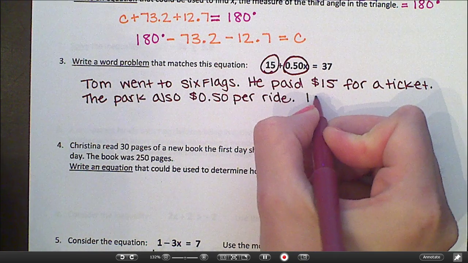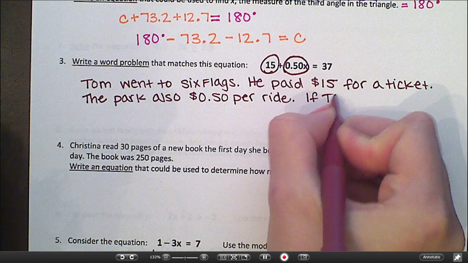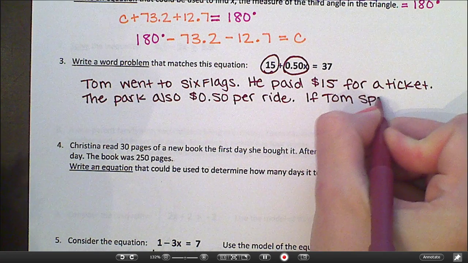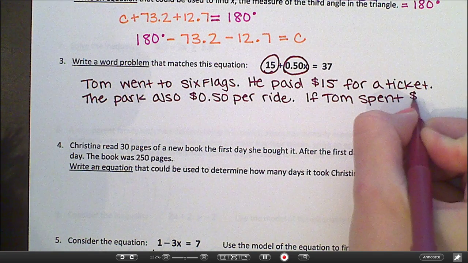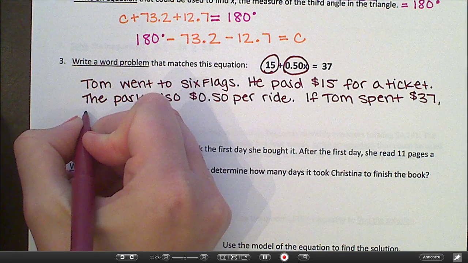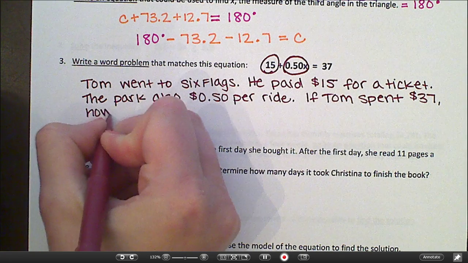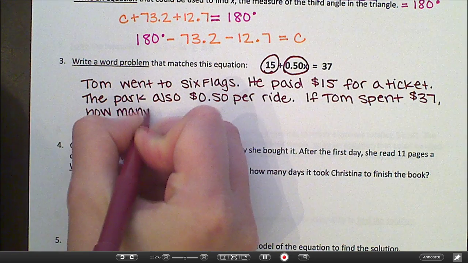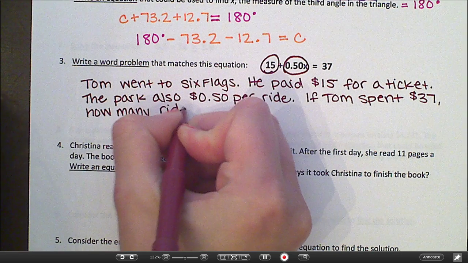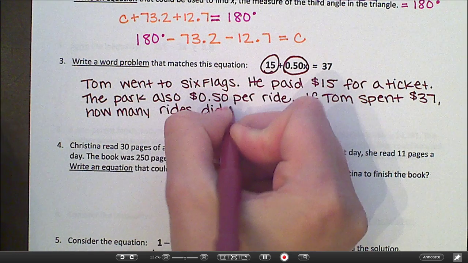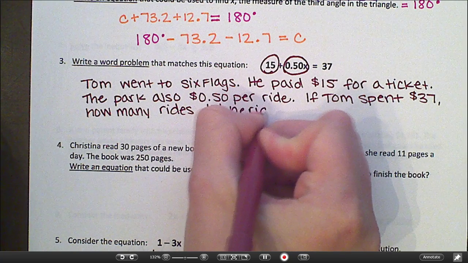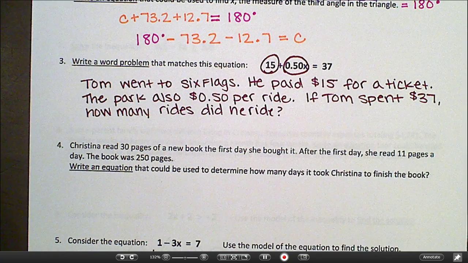If Tom spent $37, how many rides did he ride? Okay, so we're solving for x.